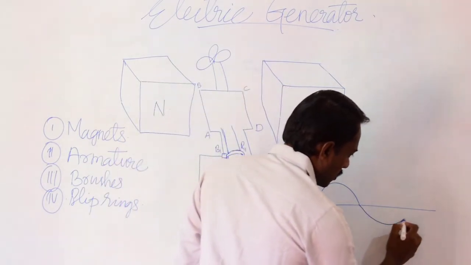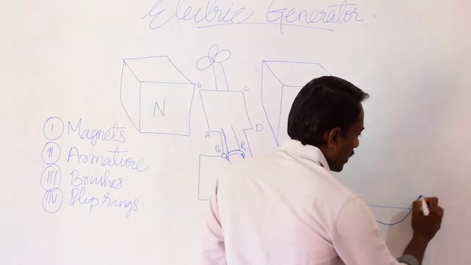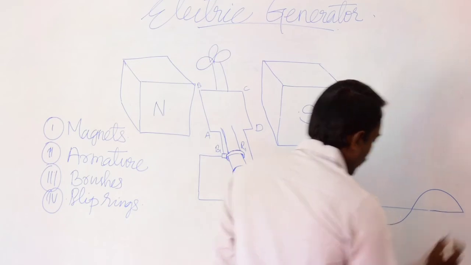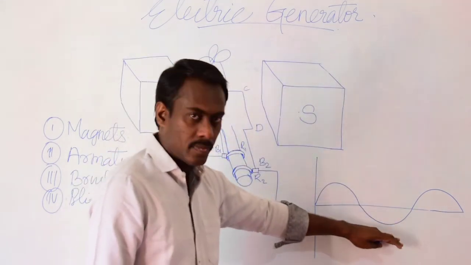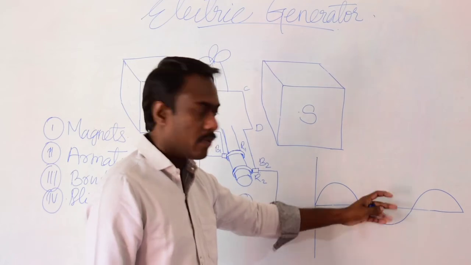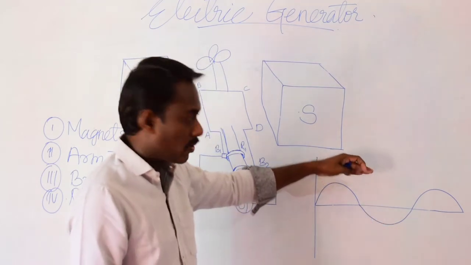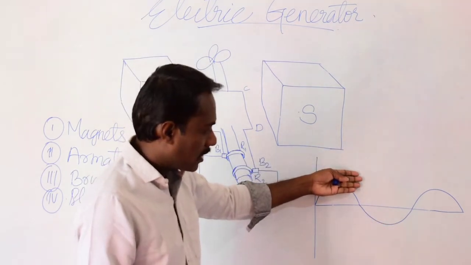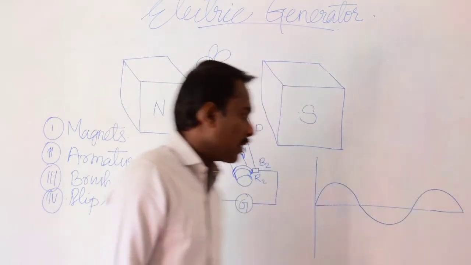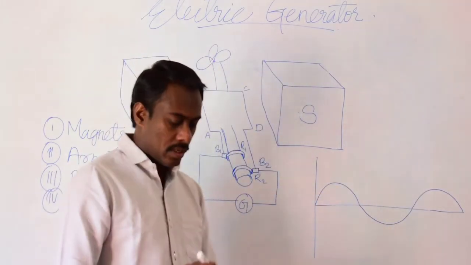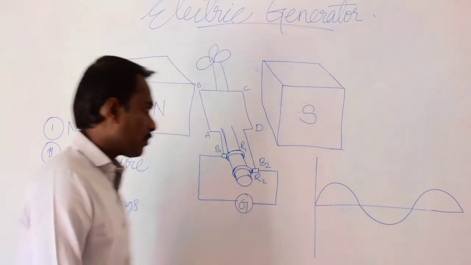The induced current changes its direction after each half rotation. That means its phase is changing: first the positive phase and negative phase, positive phase and negative phase. And this is why this current is called alternating current.